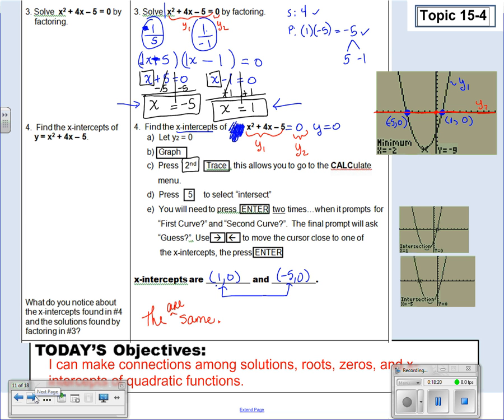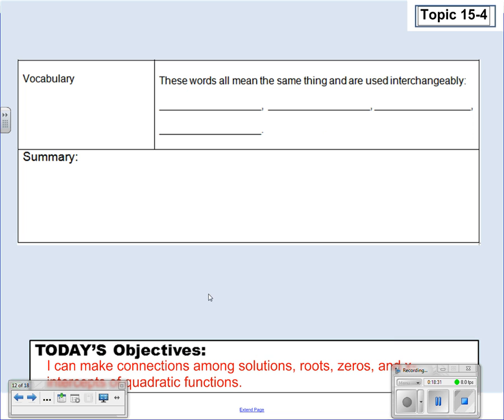You may also be asked, find the x-intercepts. And if you're really good at factoring, you can say, well, I'm going to factor this, and when I factor, I know this is the x-coordinate of the x-intercepts. So we have now determined that the x-intercepts is the same as when you find a solution when you're asked to solve.